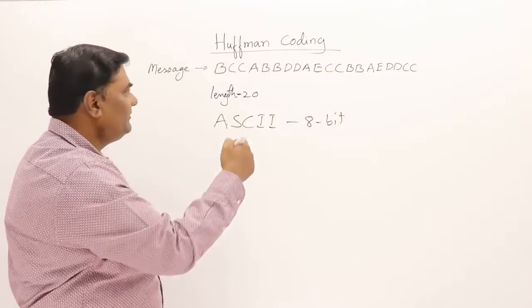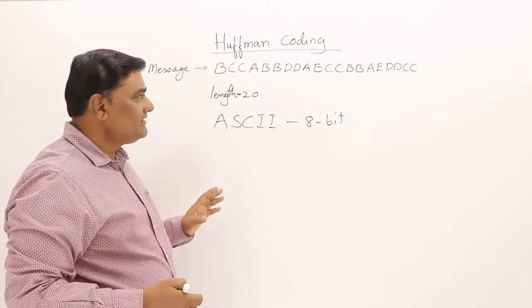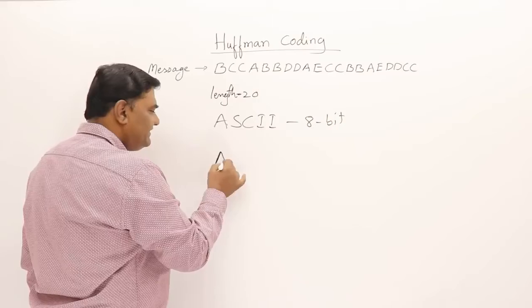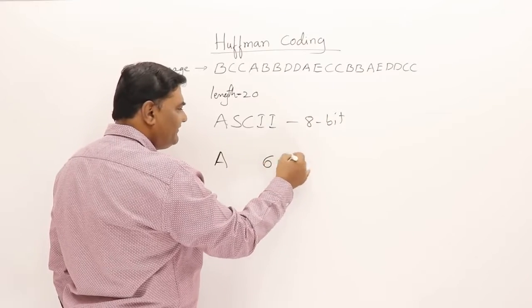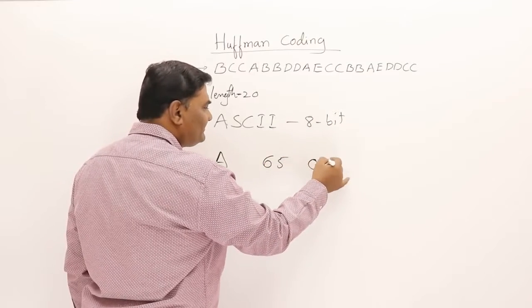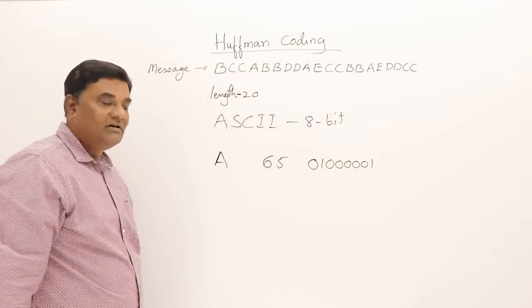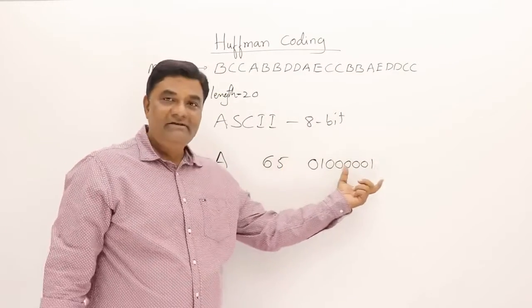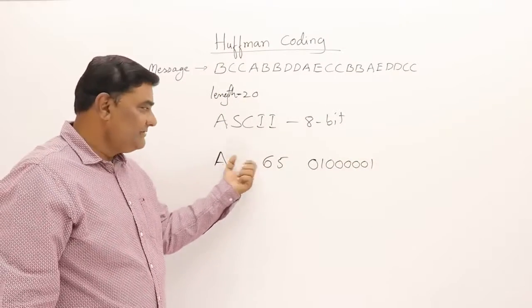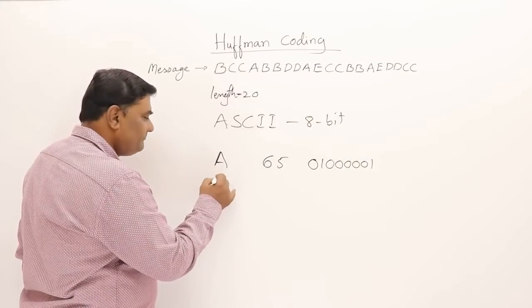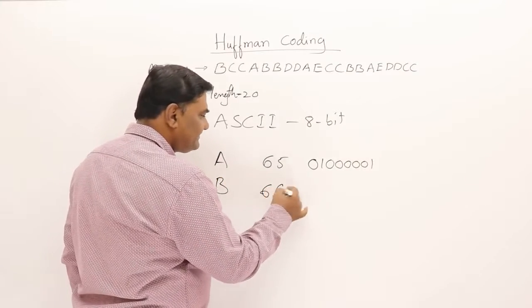I have used alphabets A to E here, so that it is easy for us to understand. If I say A, its ASCII code is 65 and the binary form is this one. So total 8 bits. These 8 bits represent decimal 65, and that is representing A. Similarly, if I say B, then it is 66.